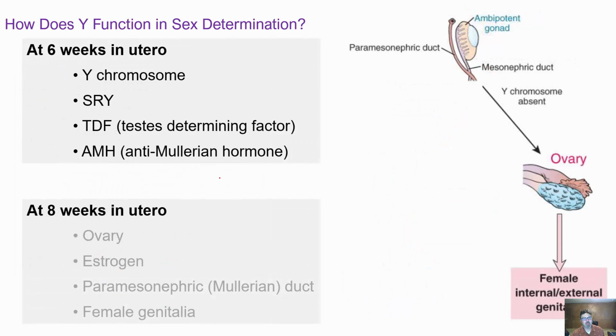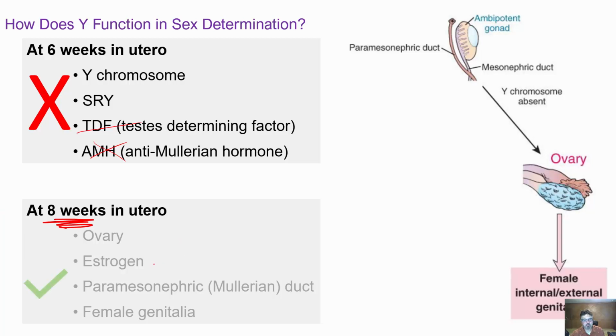Now, let's suppose this doesn't happen. One of these steps does not occur. You don't get the Y chromosome. Maybe the Y chromosome doesn't have SRY. Maybe it's not releasing TDF. Maybe you're not getting AMH. Then, at 8 weeks in utero, we will start to have formation of the ovaries. So what will happen is that the ambipotent gonad will start to develop into an ovary.